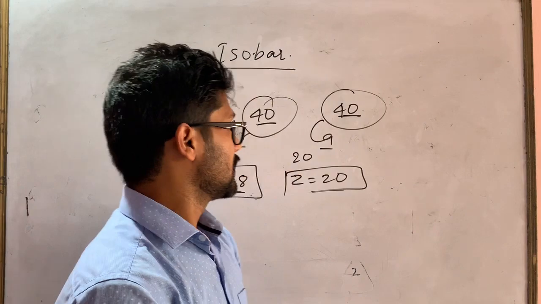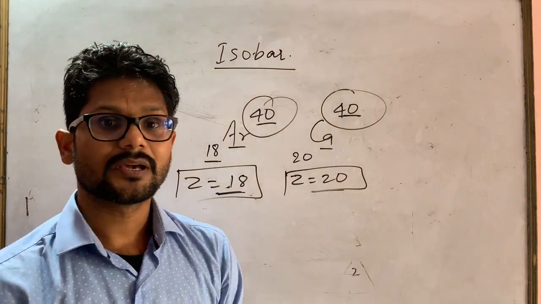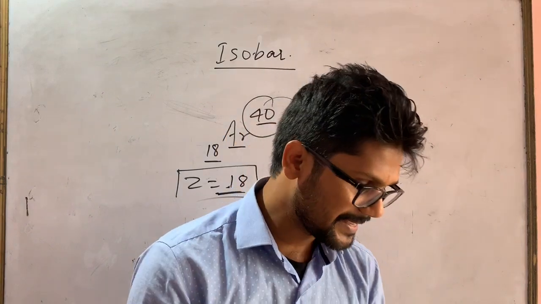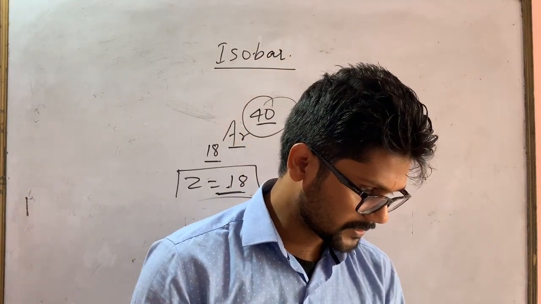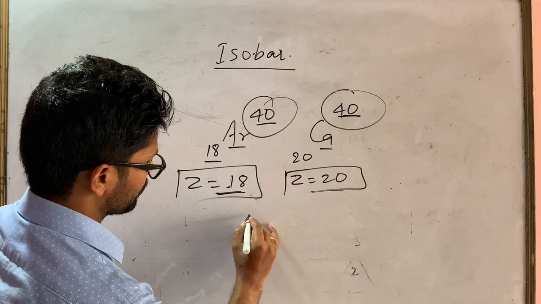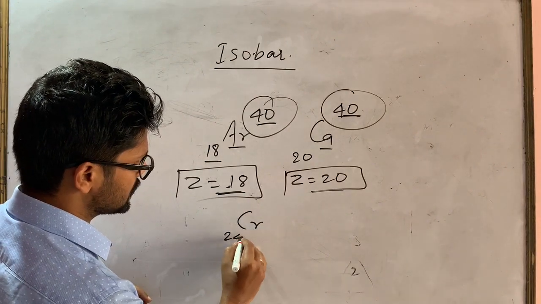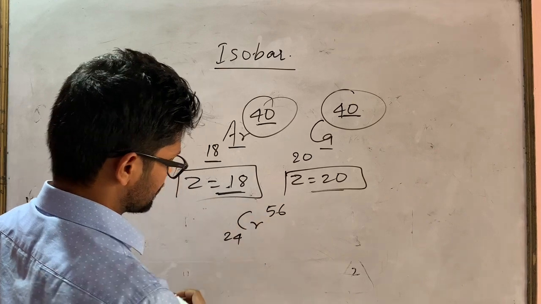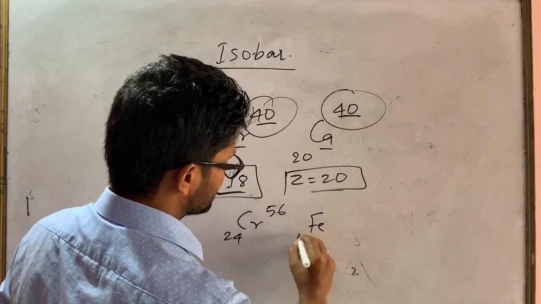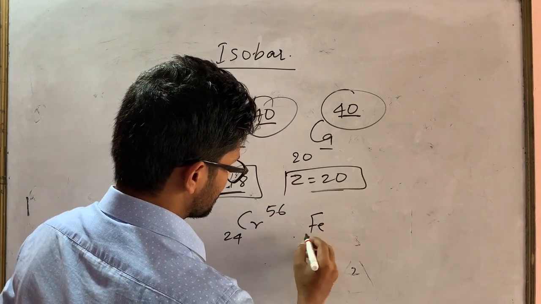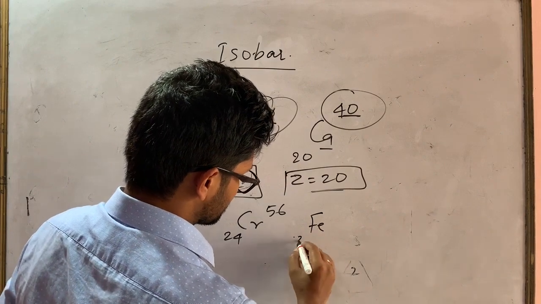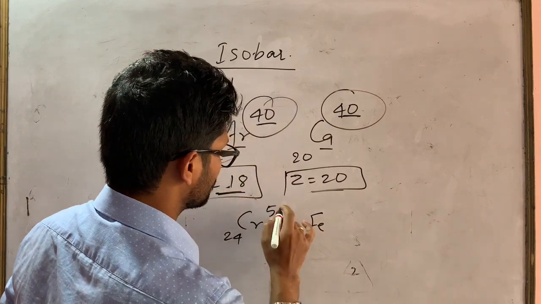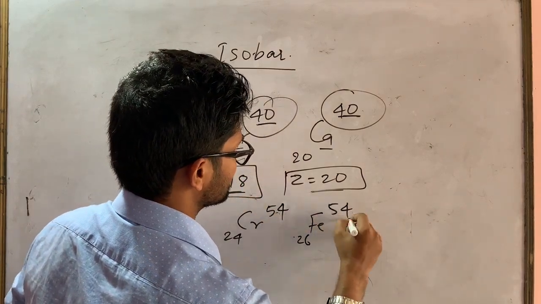So I hope I'm clear with the topic isobars as well as isotopes. There are many examples of isobars. You can take chromium. Cr is 24, its mass is 54, and iron's atomic number is 26, sorry, its atomic mass is 54.